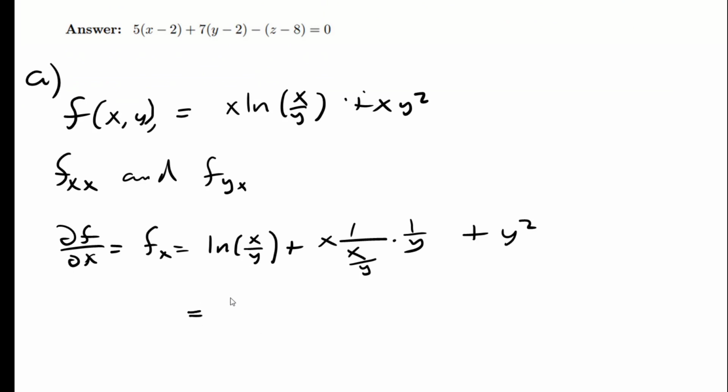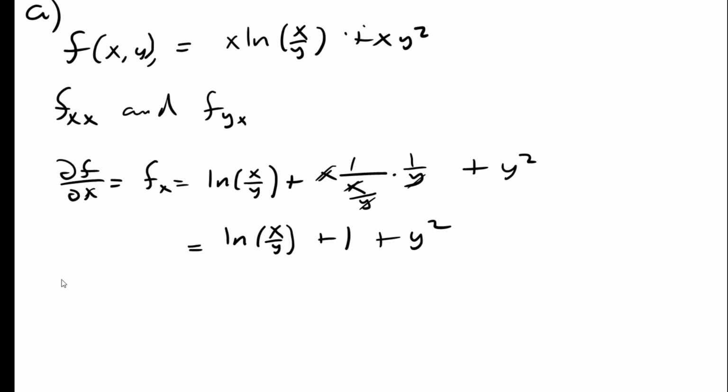So to simplify this, I get ln x over y plus the x's cancel out, and the y's are going to cancel out, so I'm just going to get 1. Right? Those cancel out, and these are also going to cancel out. Okay, and that's the partial derivative with respect to x.